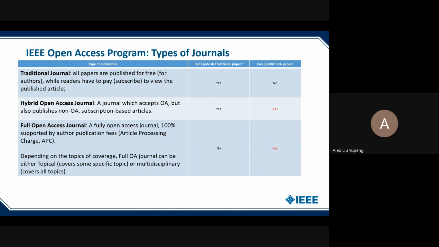How it works is the papers are published for free for authors, which means if you are an author, you don't need to pay any money to get your paper published. Let me repeat. In a traditional journal, the author doesn't have to pay any money to get the paper published. But the readers have to pay or subscribe to view the published articles.